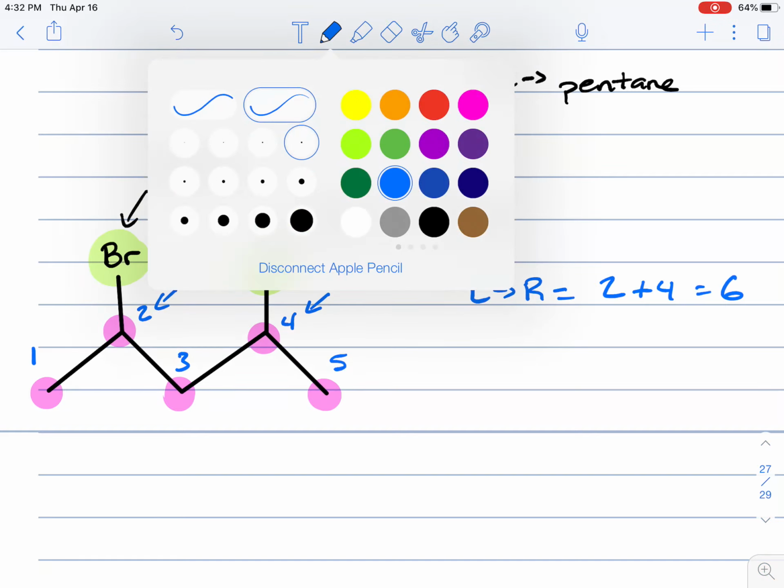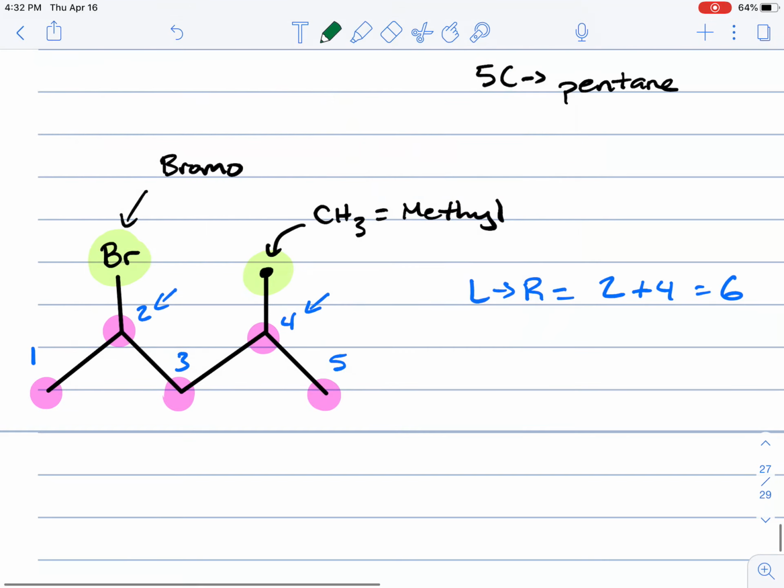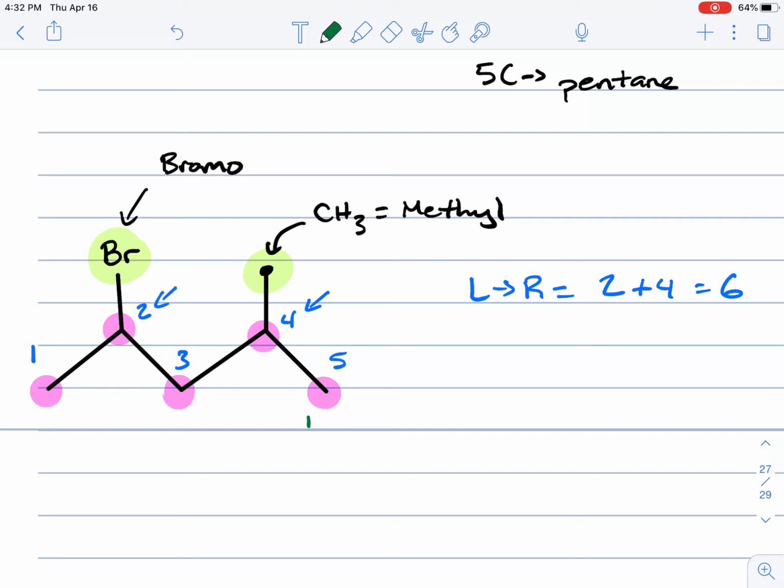Now if I do this in green, I have 1, 2, 3, 4, and then 5. So I'm going in reverse, from right to left. Let's see what my numbers are on the parent chain.